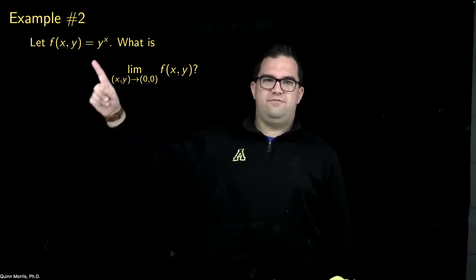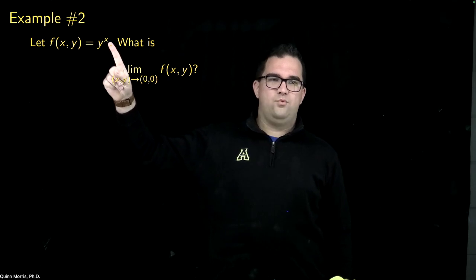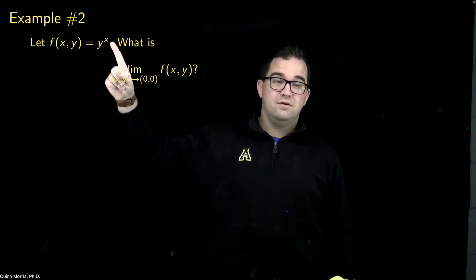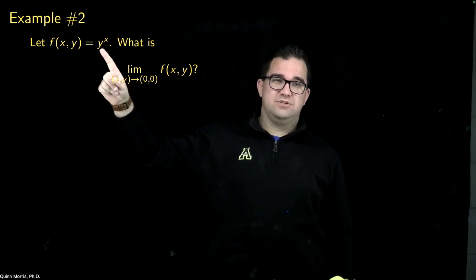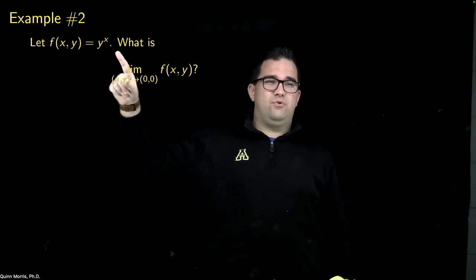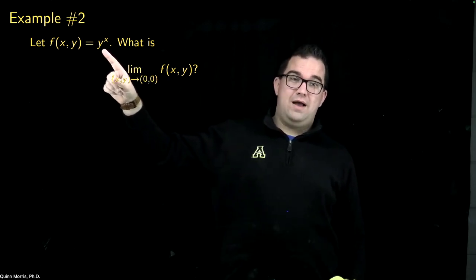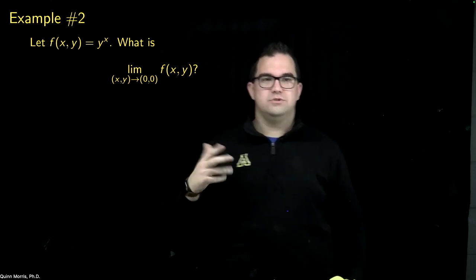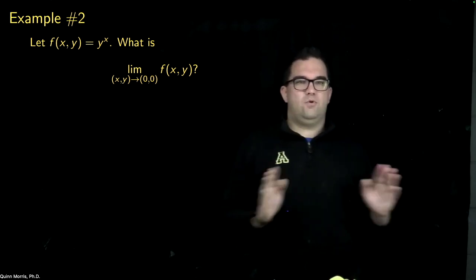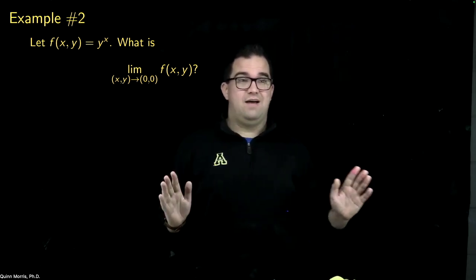Like if x is -1 and y is 1/2, now all of a sudden there's a definitional question here. That's not going to give you a real value back. But if y is -1 and x is 1/3, you will. So we're just going to deal with positive x and y values.